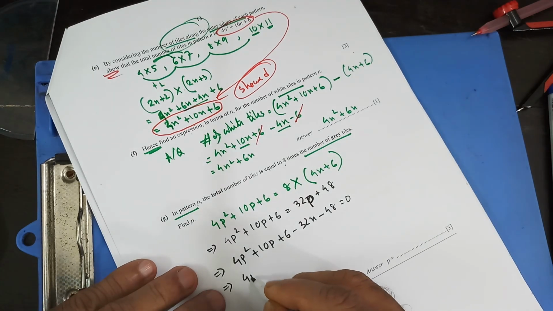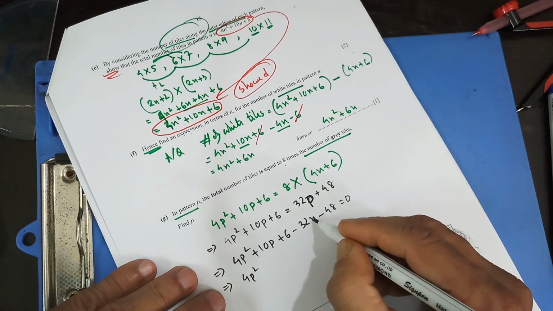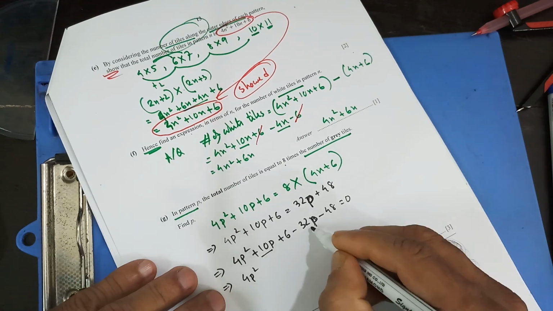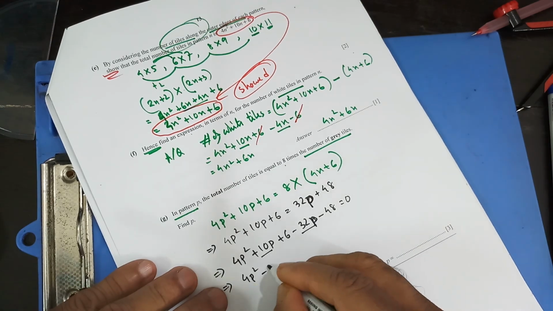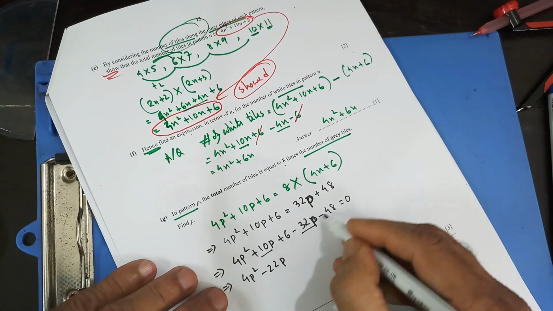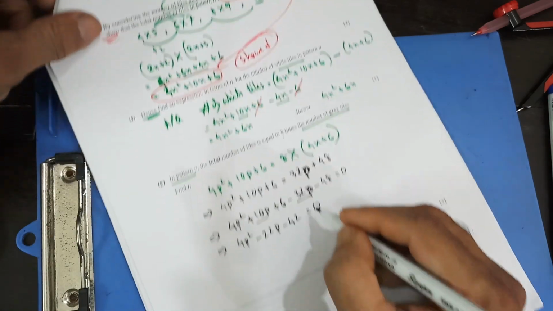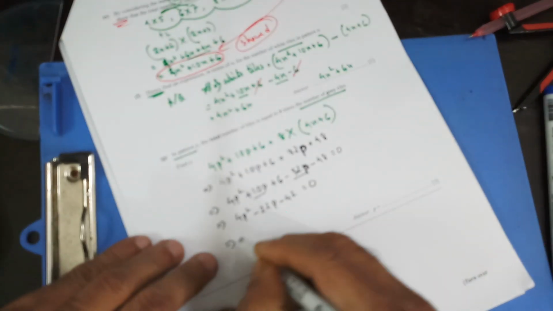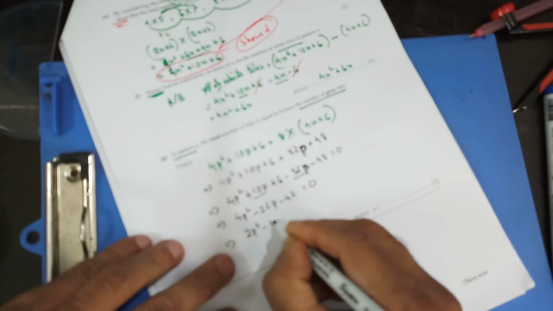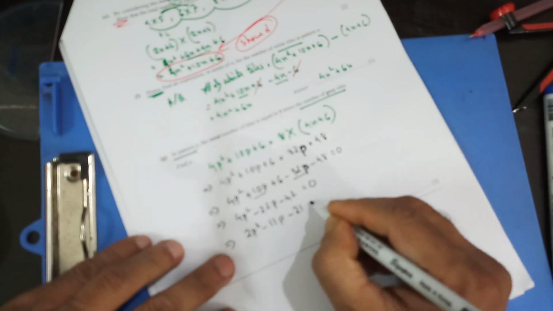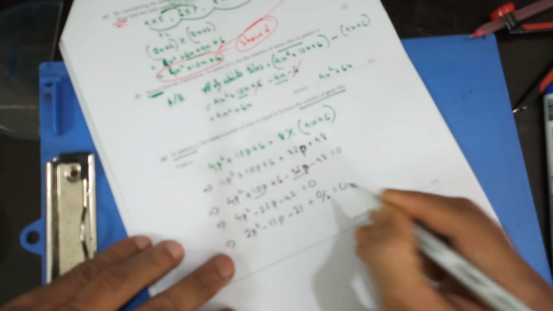So 4p squared, then 10p minus 32, that means minus 22p, and that's going to be minus 42 equal to 0. If I take 2 common, then I'll end up with 2p squared minus 11p minus 21 equal to 0.